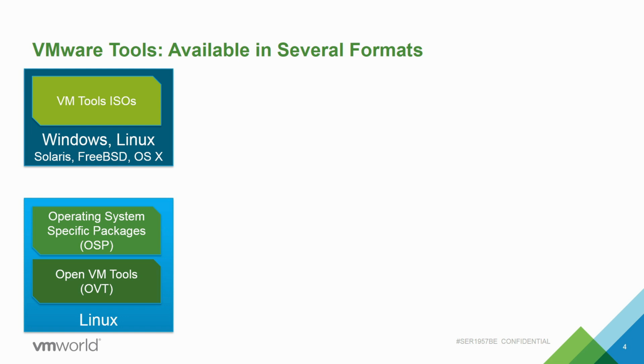Back in the day, when we first thought it might be better to have packages for Linux operating systems, instead of asking our customers to run these tar installers, which often required that you had make install or even compilers sometimes, and a lot of customers just didn't want to have all that on production systems, we said, okay, let's put together RPM or deb packages, and then you can just install them like you do anything else on your Linux machines, and that'll be good.